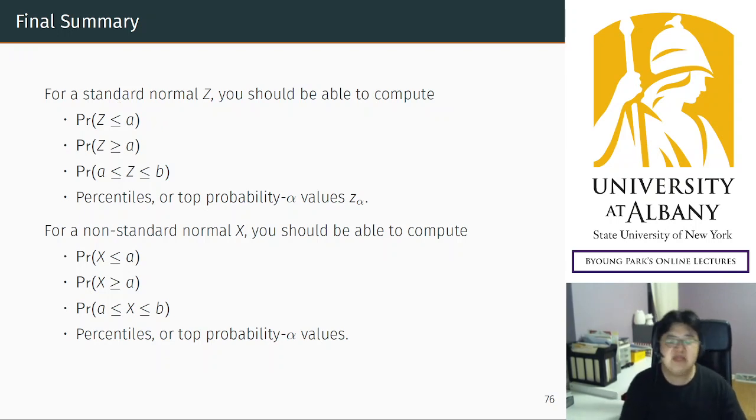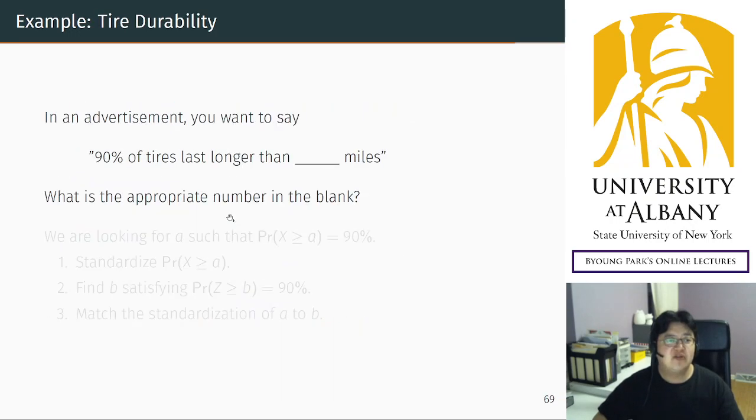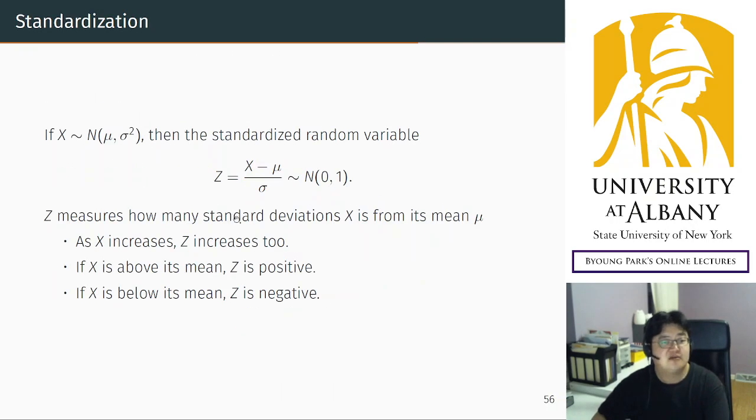But what remains is non-standard normal distribution. If you know that a random variable is normal, but it may not be standard, we have to standardize the non-standard normal distribution. That's what we did in the last lecture. This is the idea.